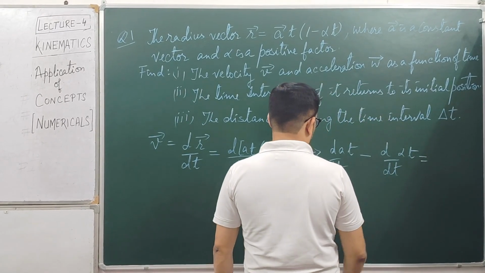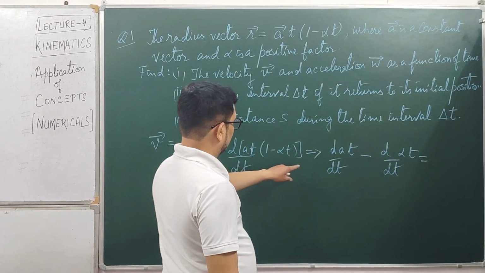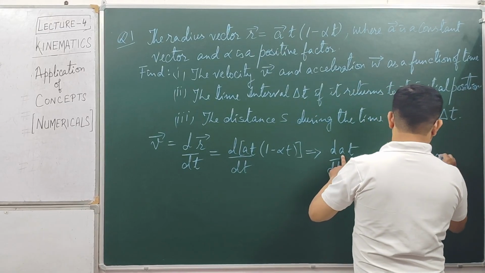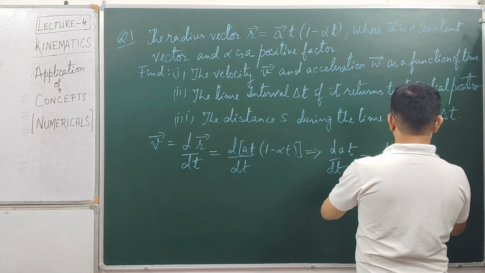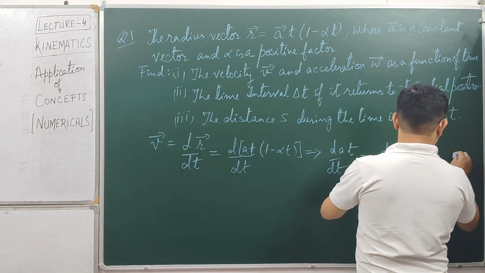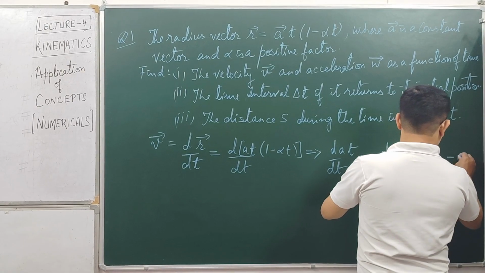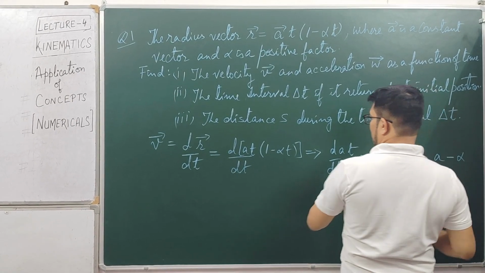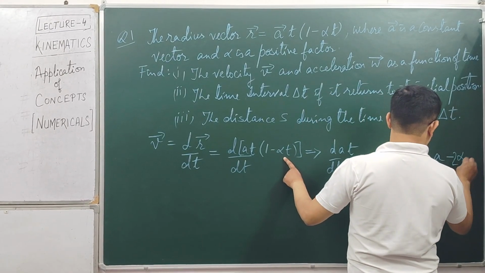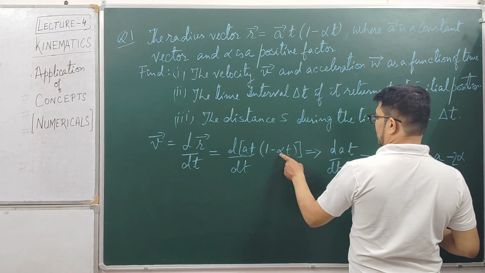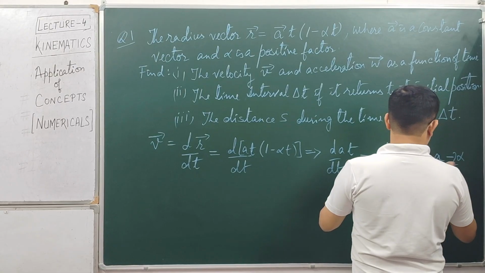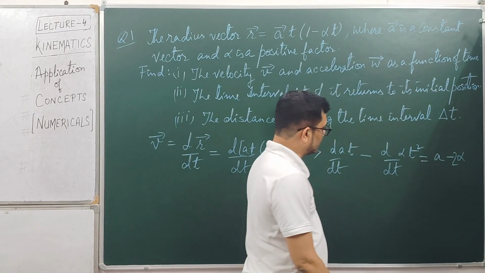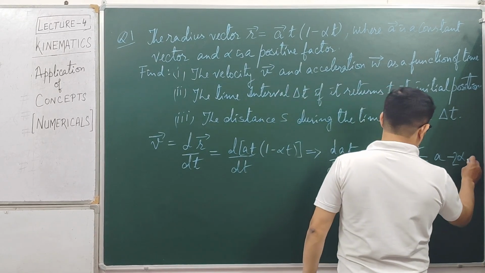So this becomes a, and if you open the bracket, it's a t minus a alpha t squared. When you differentiate t squared, it becomes minus 2 alpha t.